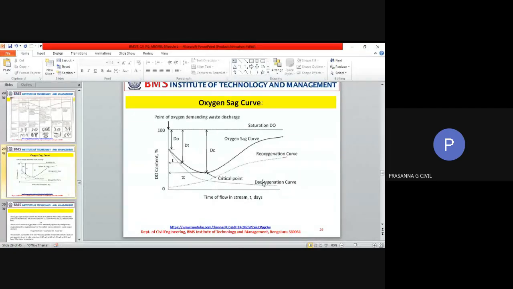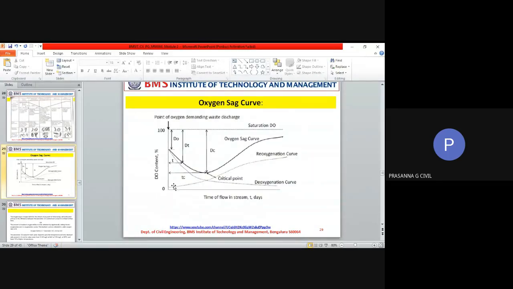Now, though the DO content of the stream is getting consumed, atmospheric oxygen also will be dissolving to a certain extent, maybe not so much in the beginning because of all the pollution, but it will be getting dissolved because the stream may be passing over rocks. So the flow will go over that and drop, and small hydraulic jumps will be created. Whatever it is, there will be some reaeration happening.